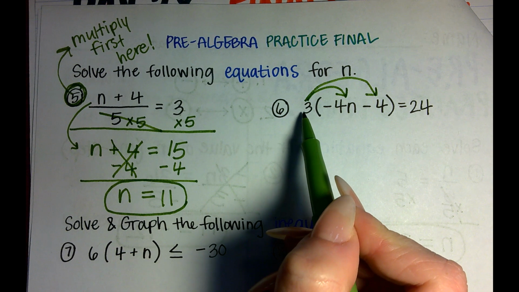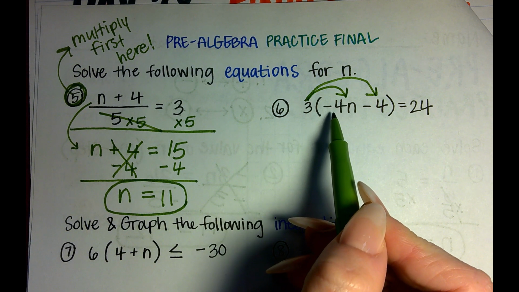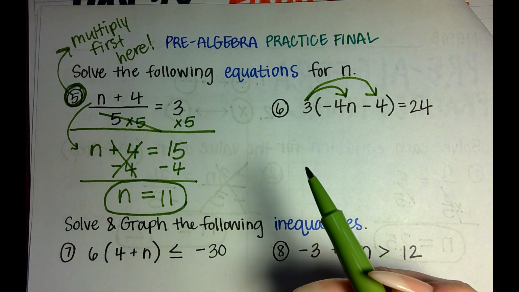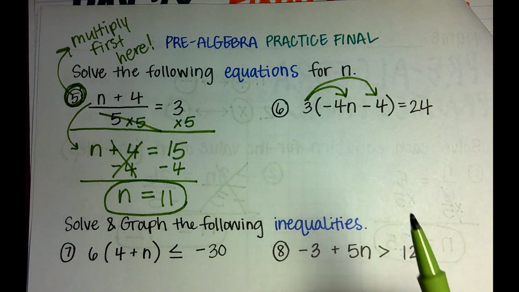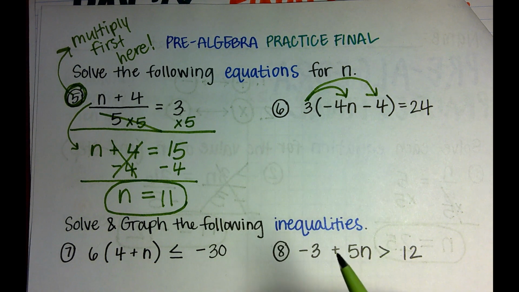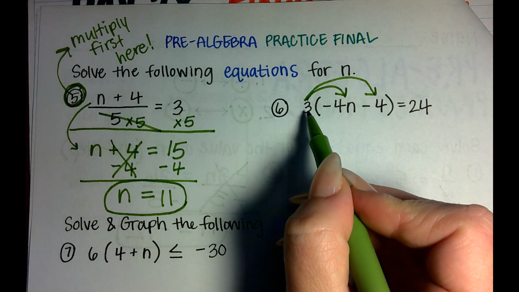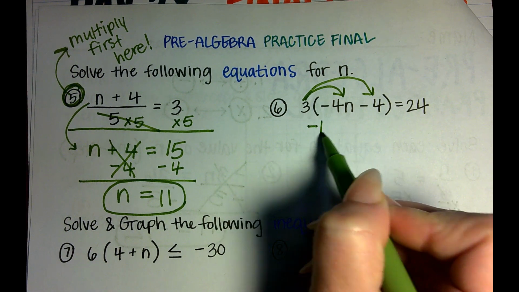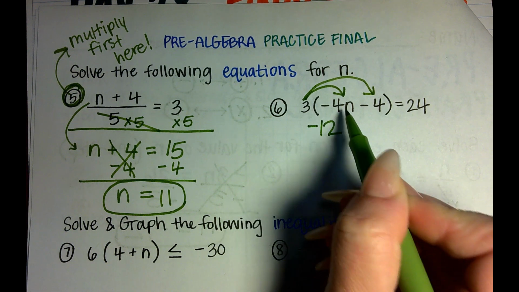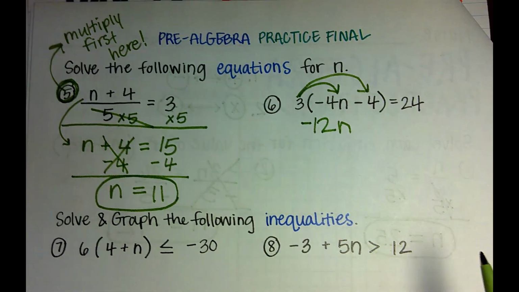Because I have a positive number multiplied by a negative number, am I going to have a positive product or a negative product? Negative. A positive and a negative make a negative. So, 3 times negative 4 is negative 12n. Good. So 3 times negative 4n gives us negative 12n.